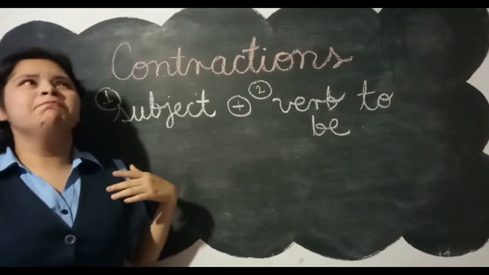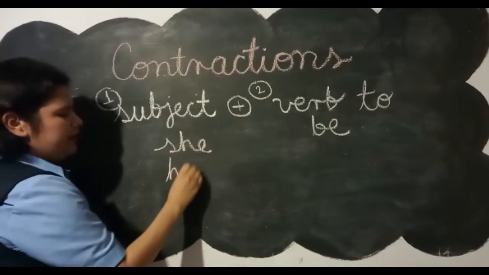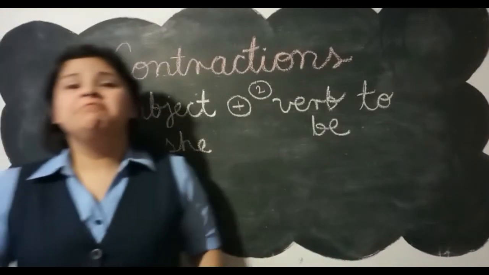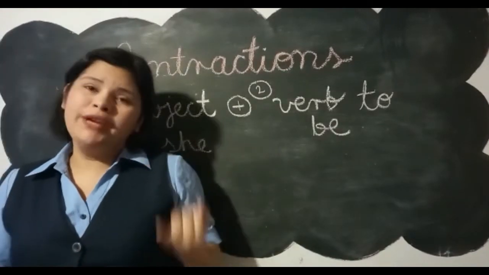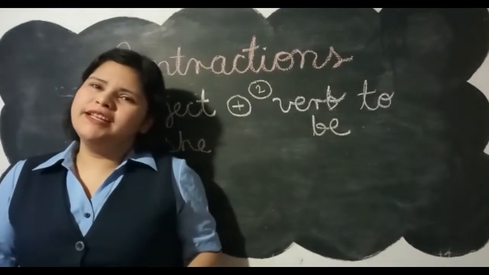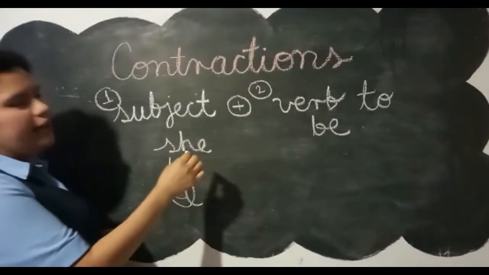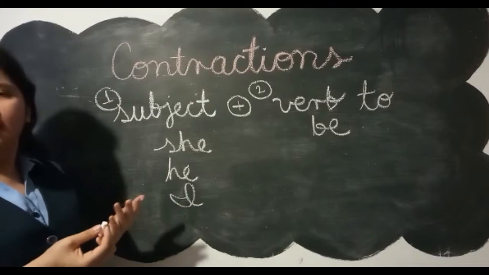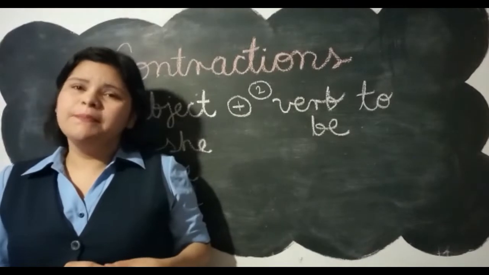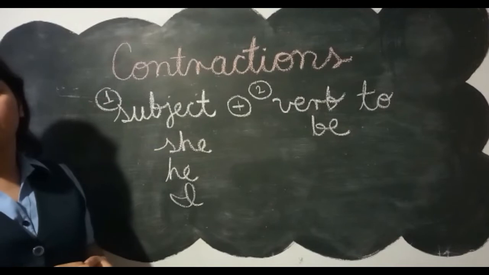For example, she, he, I, and some more like we, they, or you. You know these words already. Think about the subjects that you can use: she, he, I, we, they, and you. You can also use a name of a person, but in this case, we're going to use a pronoun.